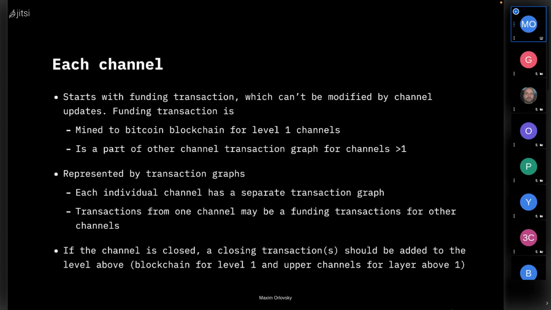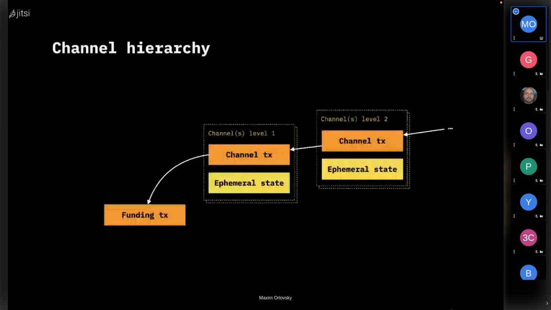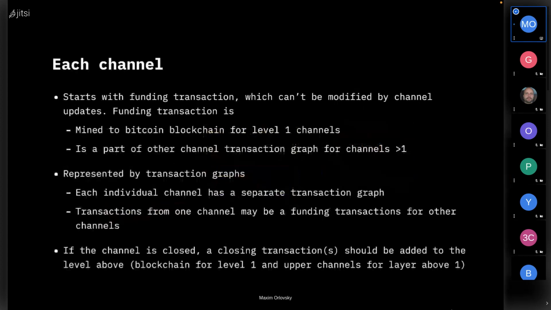The channel by itself is represented by a transaction graph. So this channel transaction is in fact not a single transaction, but most frequently a graph of transactions connected to each other. All of them are unpublished. Each individual channel has a separate transaction graph. Transactions from one channel may act as a funding transaction for other channels.